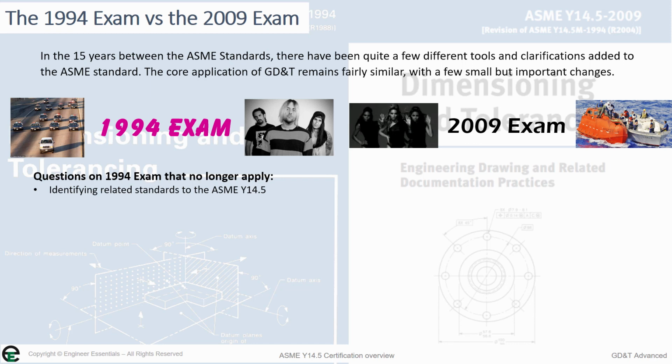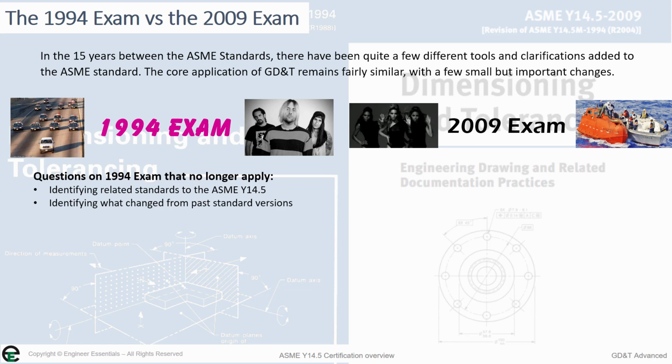The first was identifying related standards to the ASME Y14.5. Originally, in the 94 exam, you had to identify what specific standards did that were somewhat related to the ASME Y14.5. This was a little unfair though, since you were taking the test only on this specific standard.